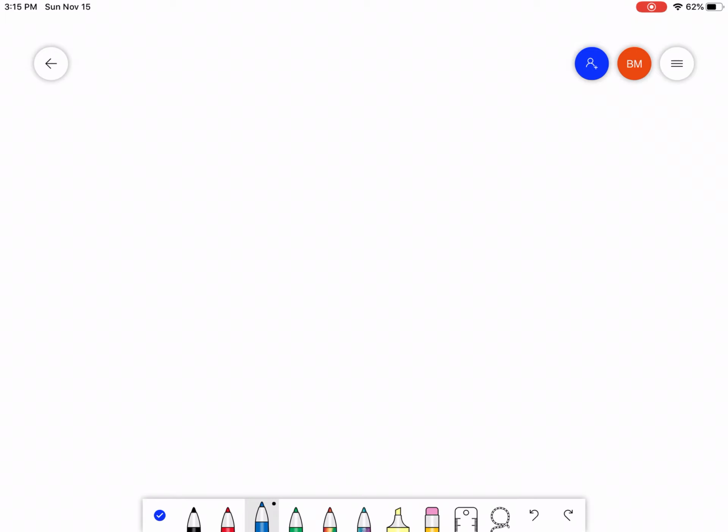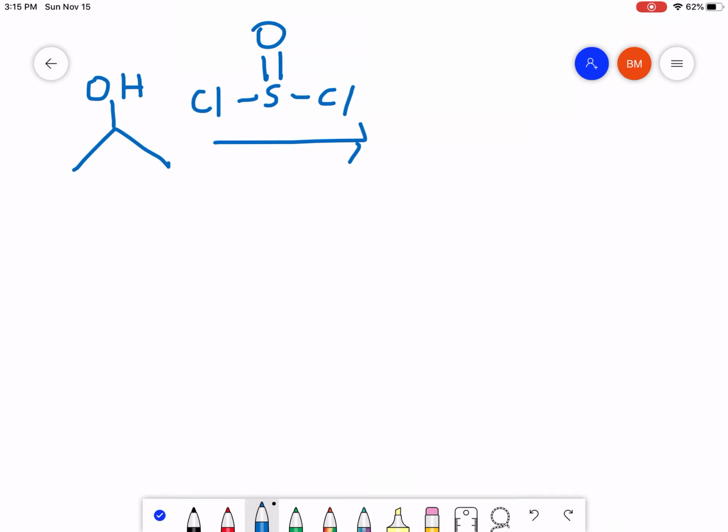If you want to make an alkyl chloride, for example, one thing that you can do instead of using HCl is you can add something called thionyl chloride. Thionyl chloride is SOCl2, and it looks like this, in conjunction with pyridine. This is an alternative.